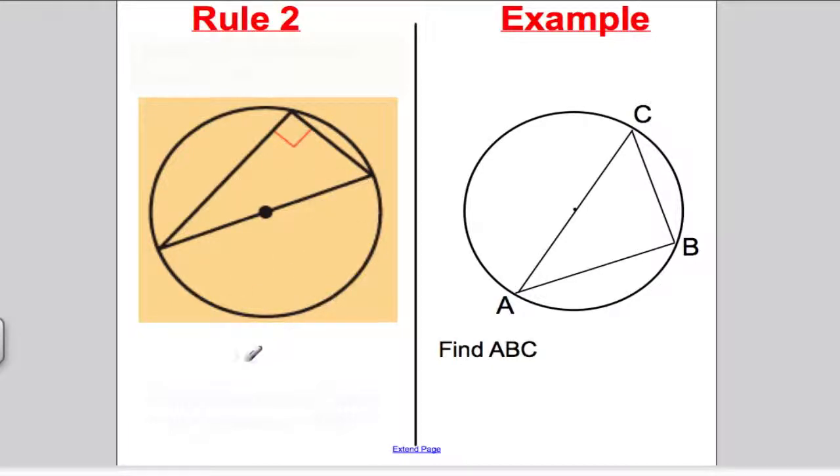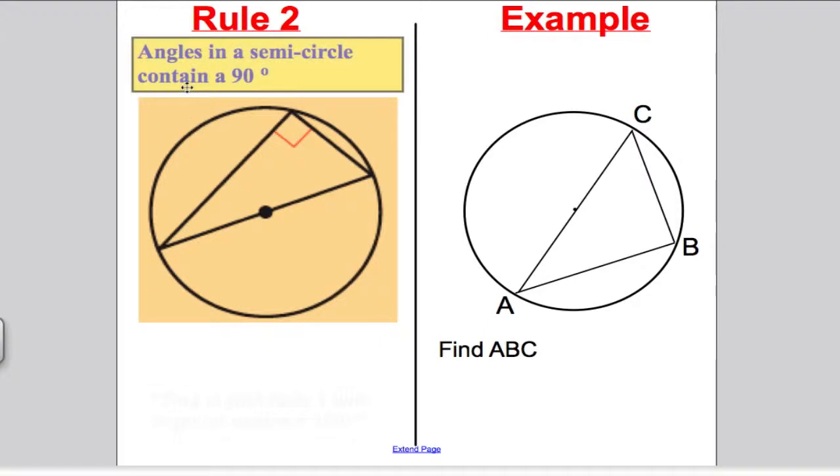Here's a picture for rule 2. What rule 2 says is that angles in a triangle that's in a semicircle inside the circle must have a 90-degree at the circumference. So a way to write it in the exam: angles in a semicircle contain a 90-degree.